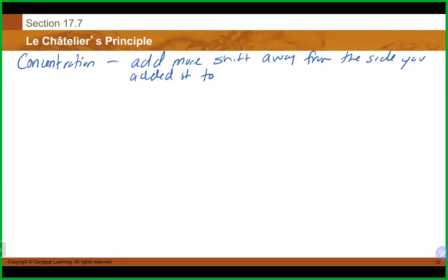What we're talking about in terms of sides are the actual balanced equation, your reactants and your products. So when we talk about adding something to the left-hand side, we're adding more reactants. Or we're adding something to the right-hand side, we're adding more products. So if you add something, it will always shift away from the side you added it to.